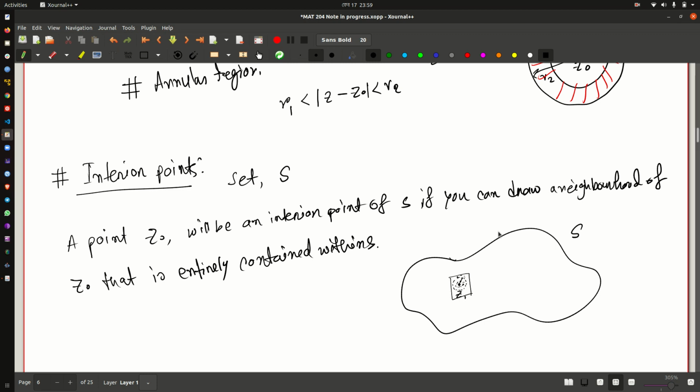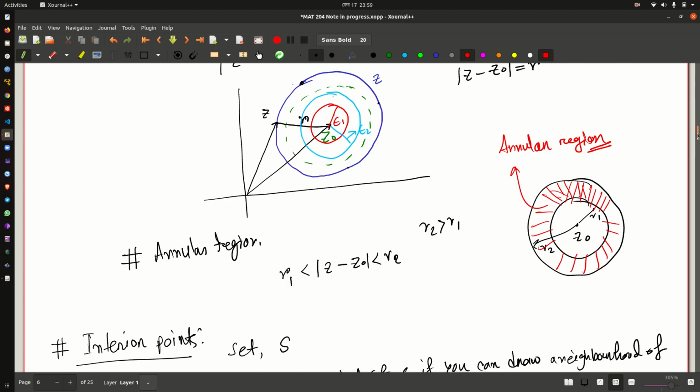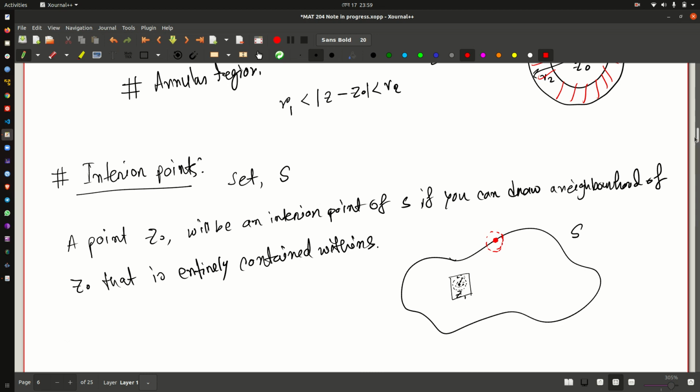However, if you consider a point over here, you can already guess that this is like a boundary, and then if you draw a neighborhood, that means you draw a very small circle, no matter how small it is, as long as this epsilon that we discussed over here, that means the radius of the circle, is greater than 0, some of the points will lie outside this set, so this is not an interior point.